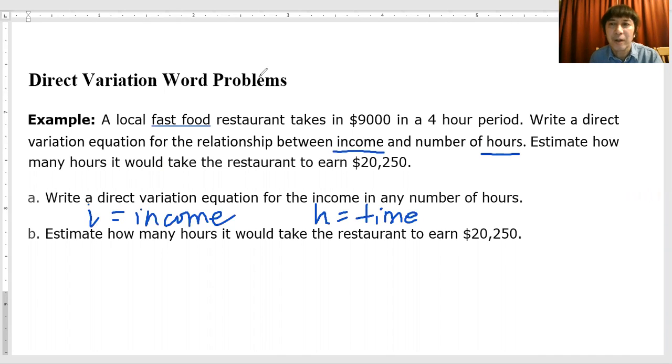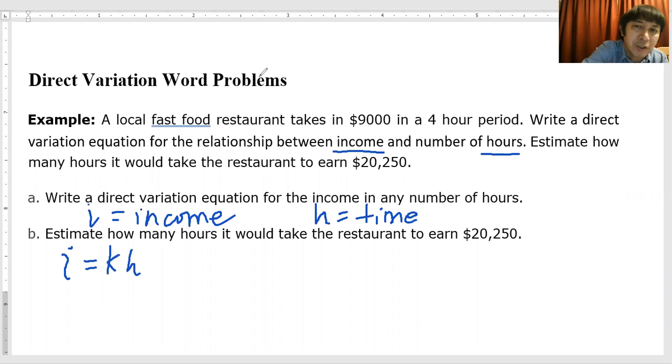The income varies directly with time. So this is actually I = K H, like that. Now we have two initial values: the $9,000 earned within 4 hours.